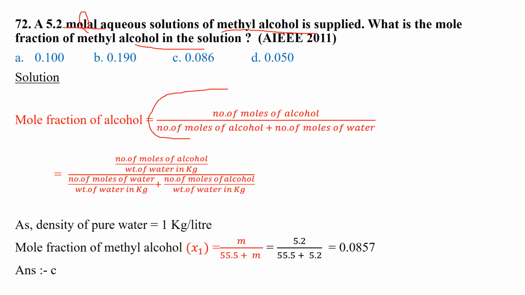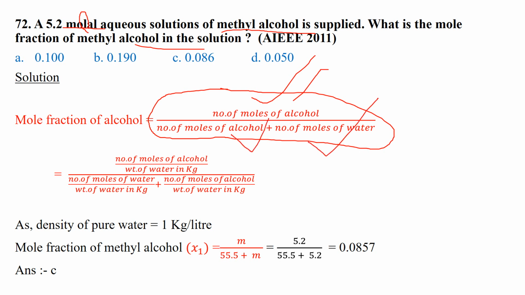So here is the general formula for the mole fraction of alcohol: number of moles of alcohol divided by number of moles of alcohol plus number of moles of water. Then the question is given in the form of molality. So here is the general relationship between molality and mole fraction.